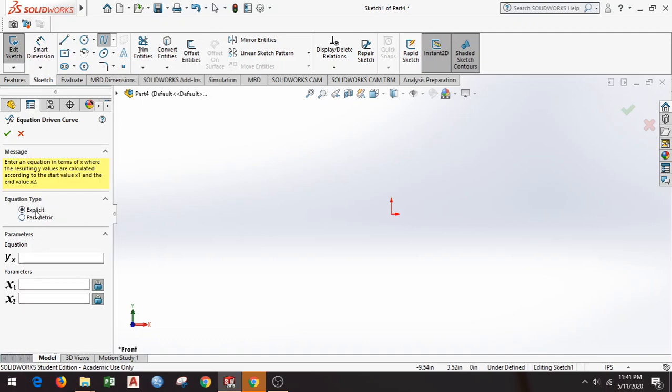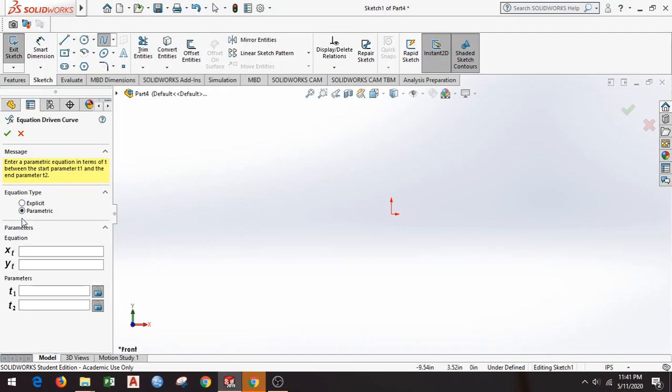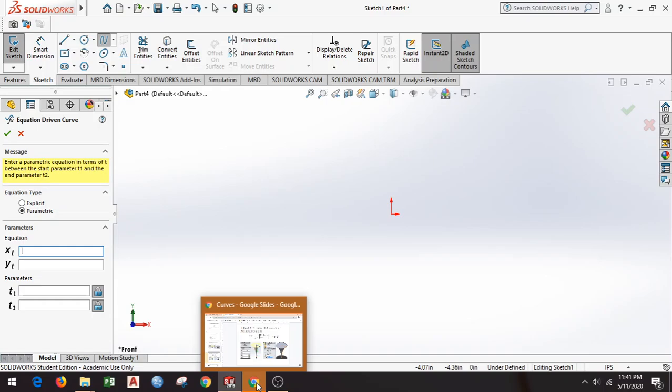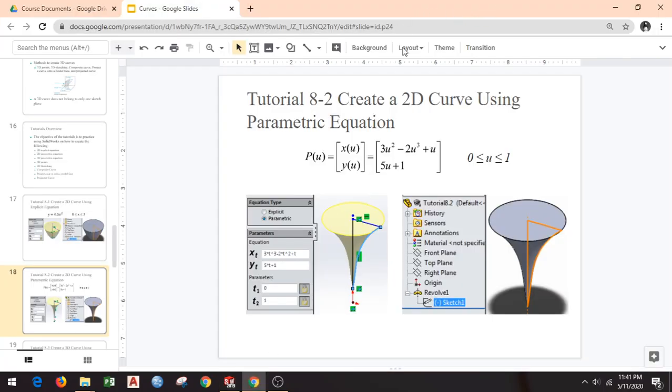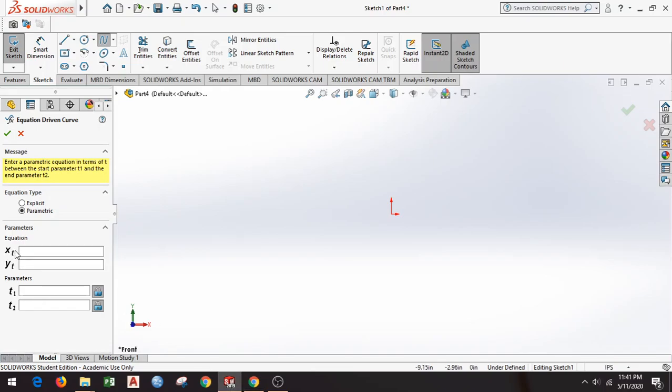Now here there are two types of equation driven curves, as we know, and this one is parametric. So I'm going to change from explicit to parametric, and here I want to put that xt. Another important thing to note is that what we are calling parameter u, like 3u cube minus 2u square, is in SolidWorks basically t.